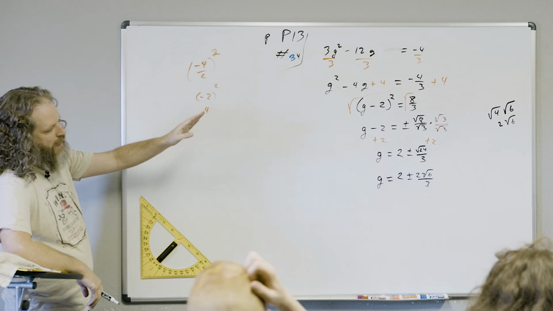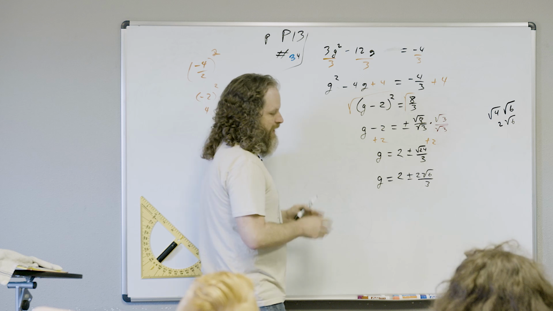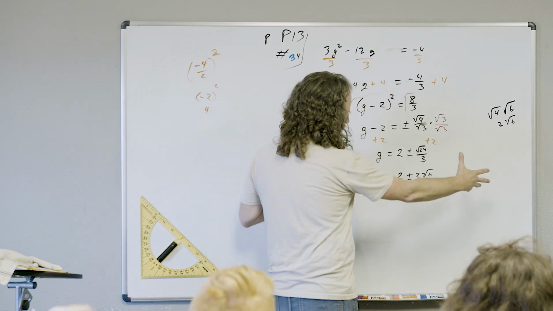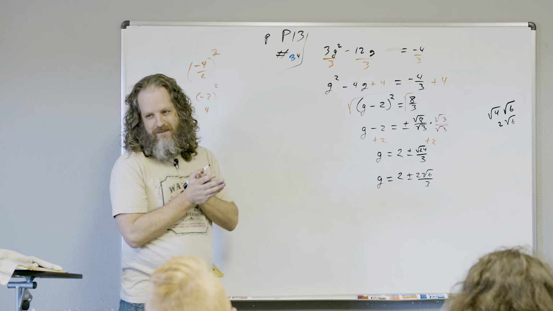We're keeping things exact. And if we end up at some point having to do something with this, it's going to be easier if it's not expanded. So we're going to put them together.